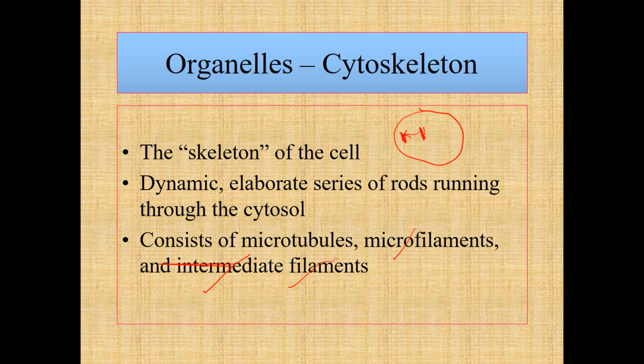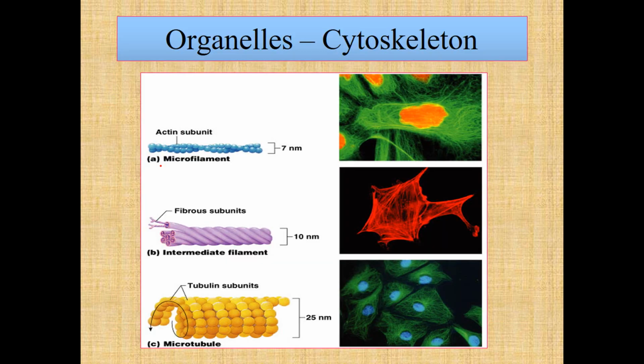Well, there are these cytoskeletal elements that serve like a road, and these vesicles just walk along that road, and that's how they can go from one spot to another. So, besides providing support for the cell, it also allows a pathway for intracellular traffic. And again, we're really not going to be talking about the microfilaments or the intermediate filaments.